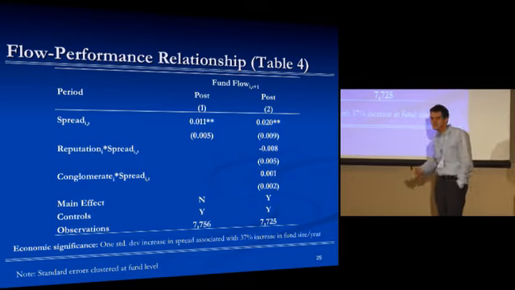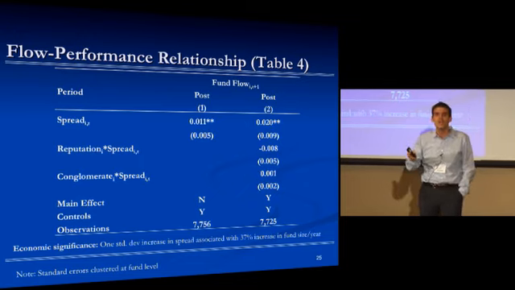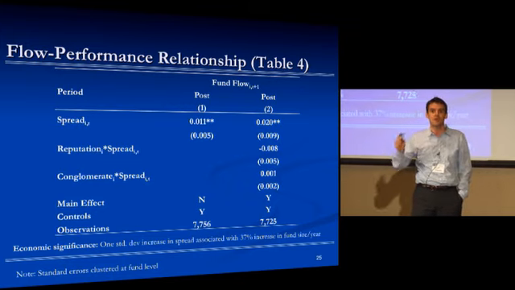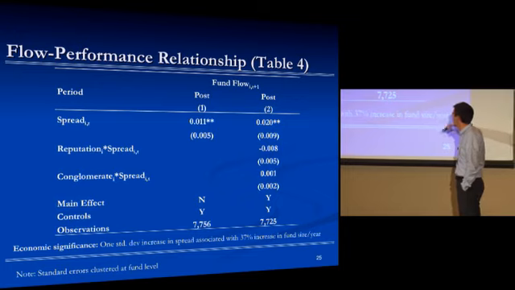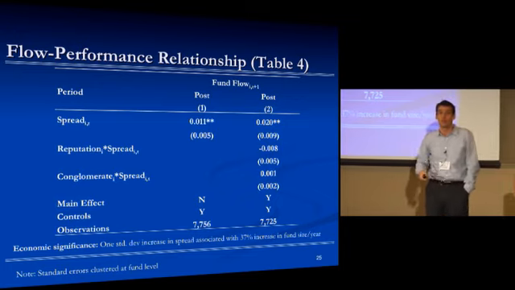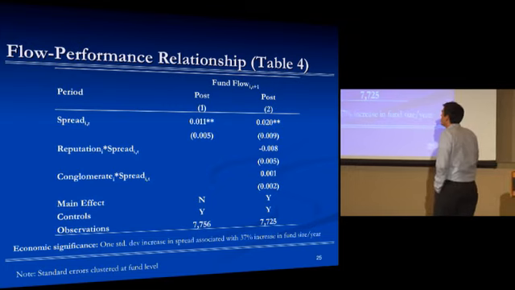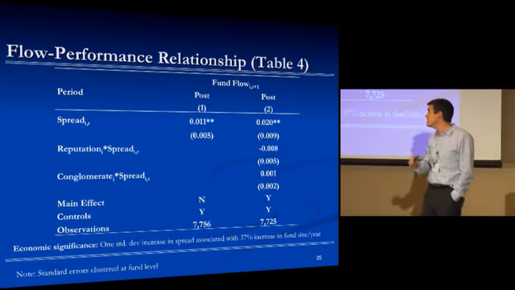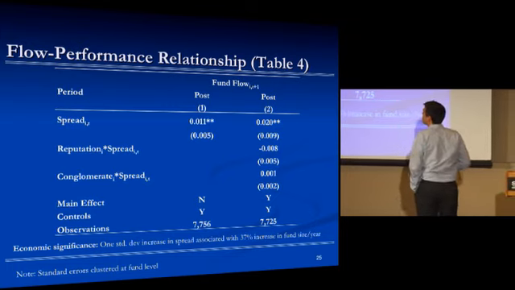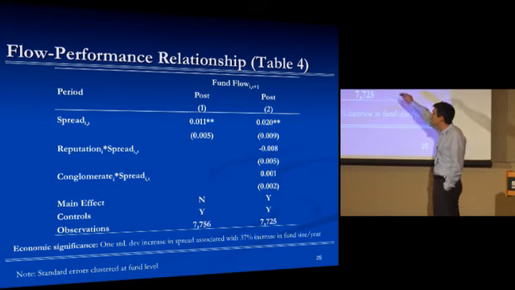So what that means is if a fund manages to increase its performance by 1 standard deviation relative to the industry average over a year, you're going to see an increase in fund size by 37%. So that means the revenue is going to also increase by 30%, and so do the profits, presumably. What's important is, if you think that investors are perfectly pricing these things, you probably should see something on the interactions with reputation or conglomerate, but we don't find much.